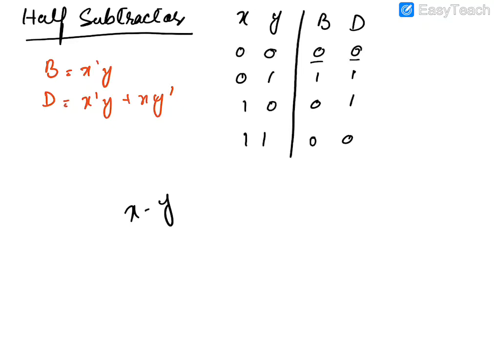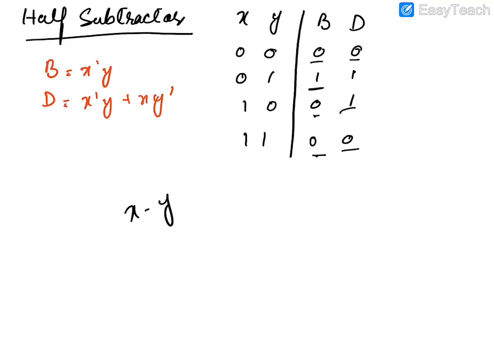For 0 minus 1, you have to borrow 1, and when you borrow 1 you will have 10 minus 1. So 10 minus 1 is basically 1, difference is 1, and as you have borrowed 1, you will have a borrow bit of 1. So for 1 minus 0, difference is 1 and borrow is 0. For 1 minus 1, difference is 0 and borrow is also 0.